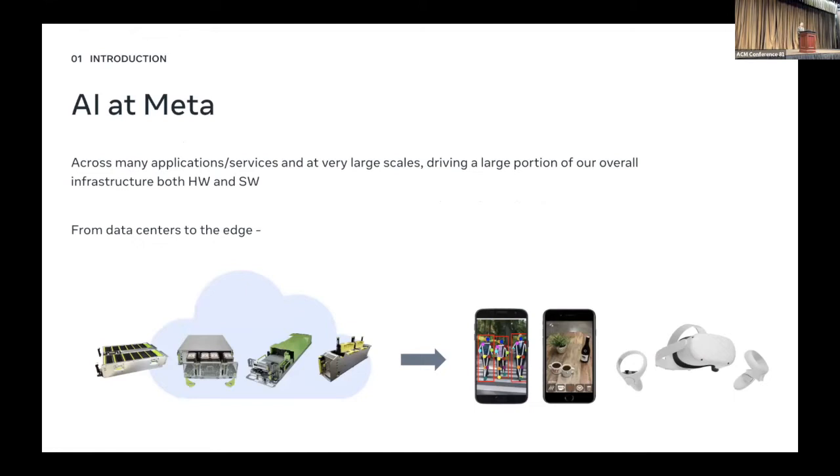Today, Meta has many data centers globally to serve Facebook.com and our families of apps. And we're also shipping an increasing number of models to the edge devices to provide, for example, augmented reality features in the phone apps and virtual reality experiences in our Oculus product line.